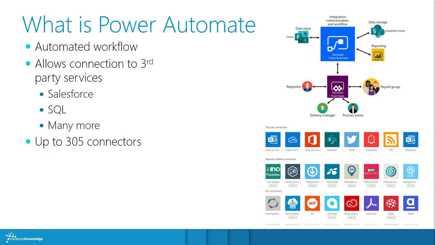Now, these aren't necessarily all Microsoft services included within the Microsoft plan that you've got available to you. However, a lot of them are going to be third-party services as well. So we're no longer restricted to the environment that we had before. We can now break out beyond the confines of the Microsoft suite and start interacting with the wider world.